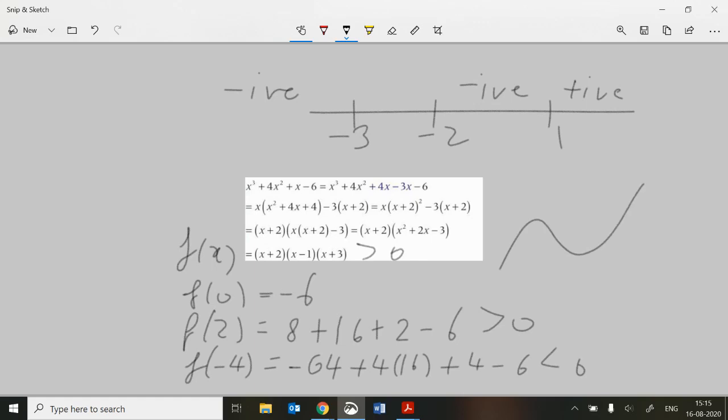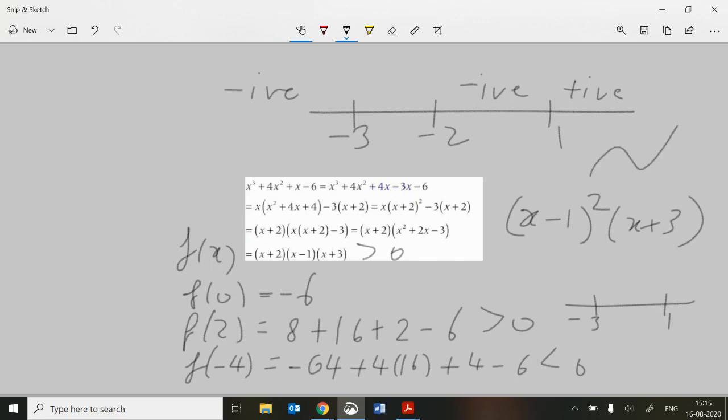Personally, I would just go with the shape of the graph. If you are going with the shape of the graph, just remember if you've got repeated roots, say for example we have x minus 1 squared and x plus 3, remember how that's going to look. We're going to have a repeated root at x equals 1, and a root at x equals minus 3 as well. It still has this positive shape because the leading term is x cubed.